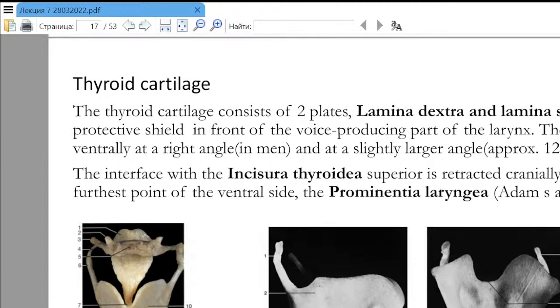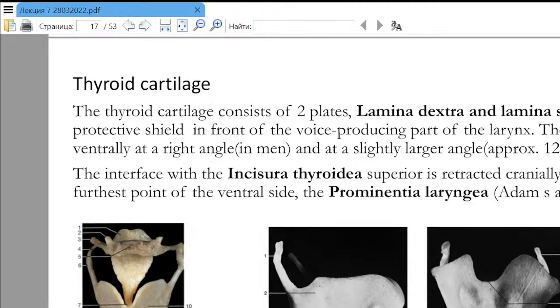Lateral aspect, and this is the anterior aspect. The thyroid cartilage consists of two plates, lamina dextra and lamina sinistra, sitting like a protective shield in front of the voice production part of the larynx.